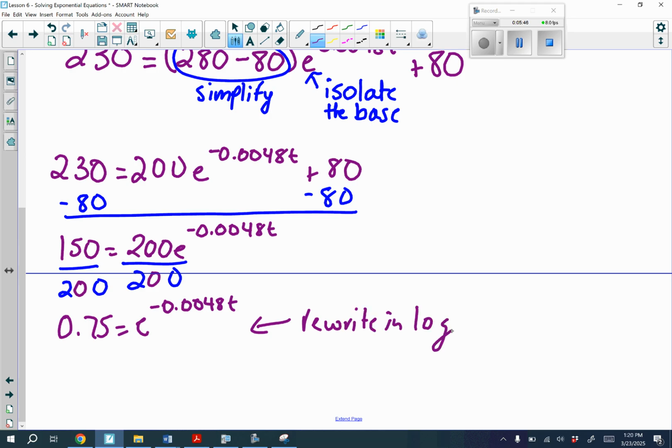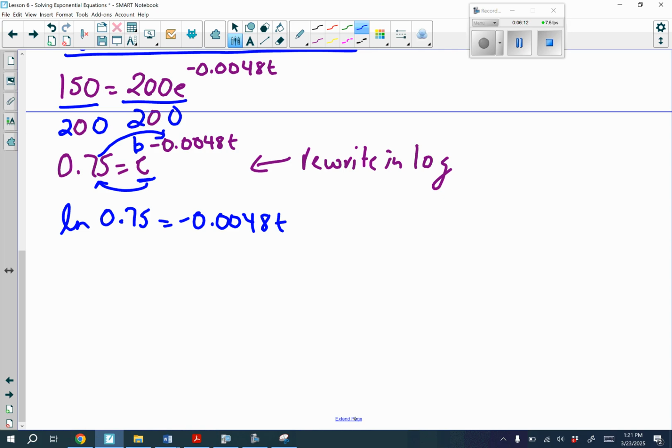Remember, to rewrite in log form, we think about what's the inverse of e. Our inverse of e is natural log. So I start off with the base, natural log. Now we go away from the base, that's our outer, so natural log of 0.75. Then I go towards the base, towards the exponent, so negative 0.0048 t.